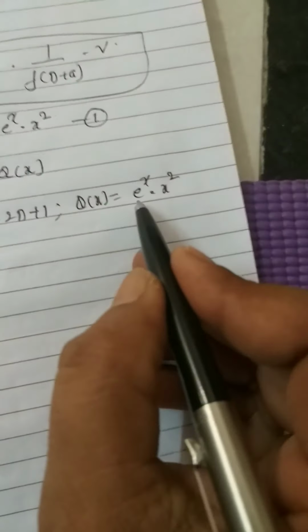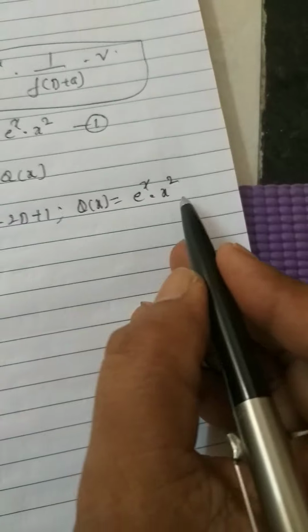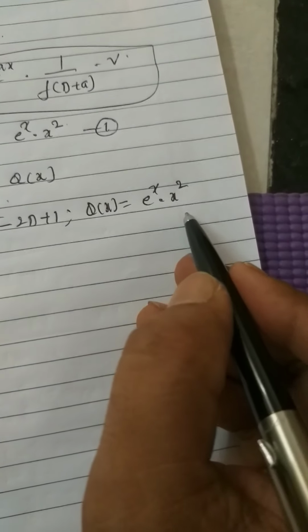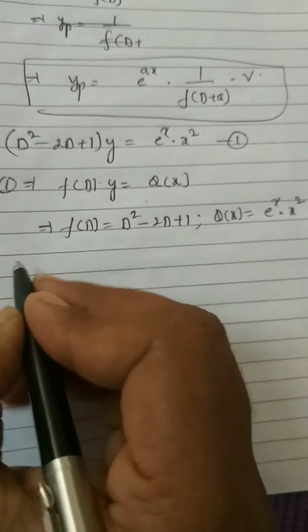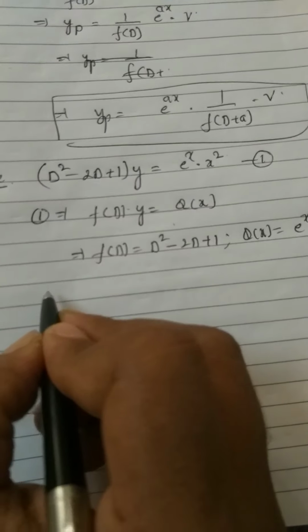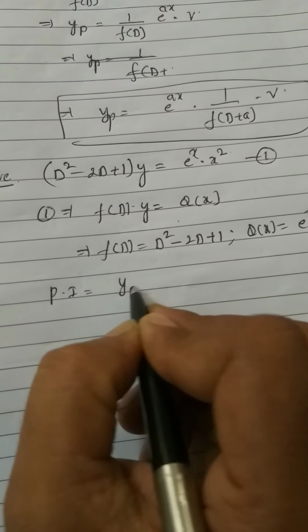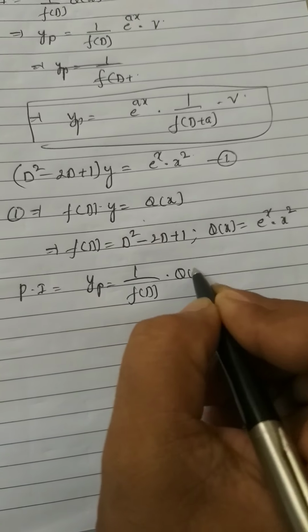Now here concentrate, it is in the form of a product of two different functions. One is an exponential function, another one is a polynomial function. Here we are concentrating only on the particular integral. I am least bothered about the complementary function. Particular integral yp is equal to 1 by f of D into Q of x.